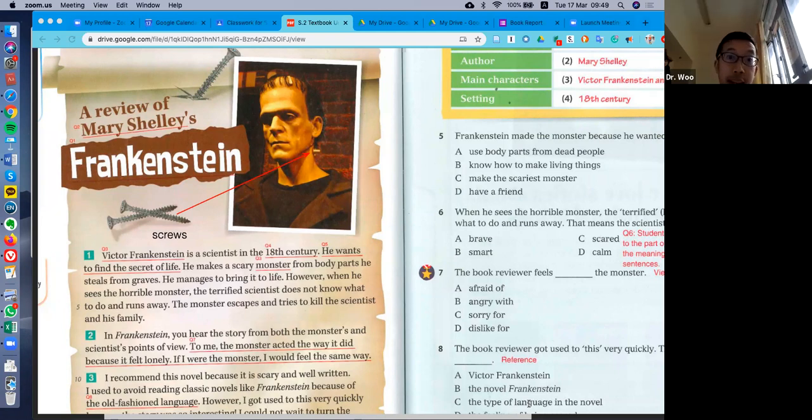So it's more likely a monster would have screws in the neck than a person would have screws in the neck. So, based on that, who or what do you think is probably in the picture?